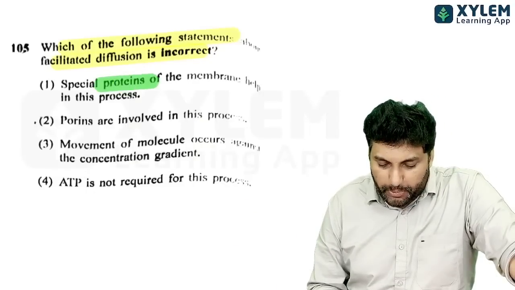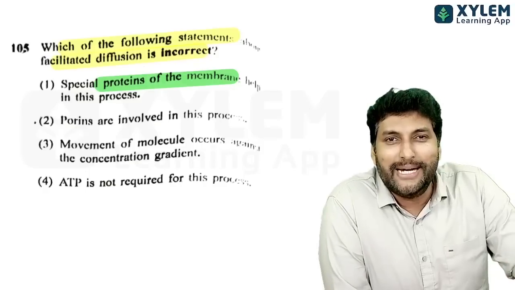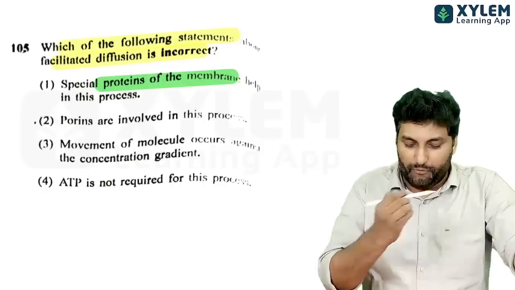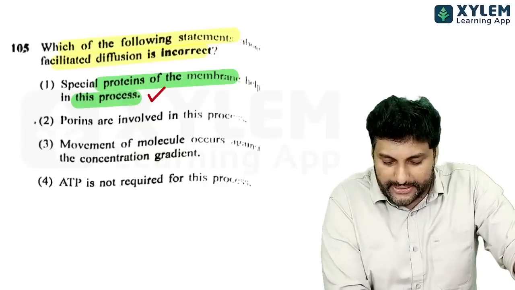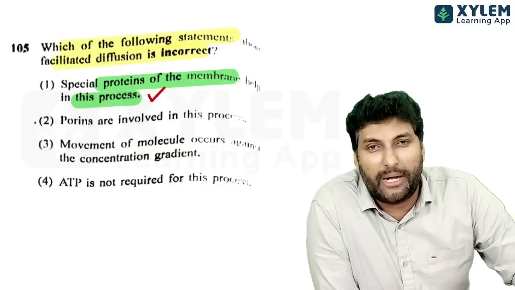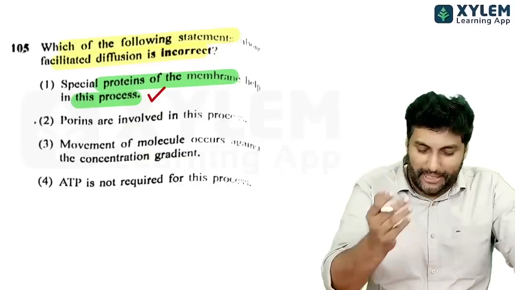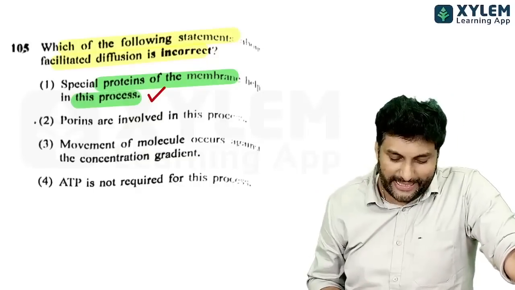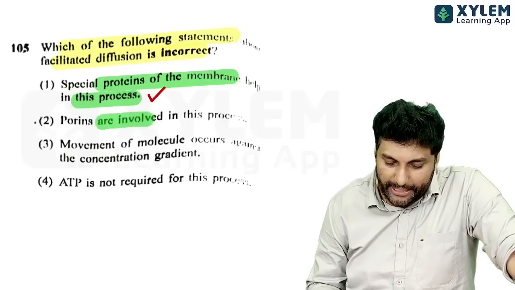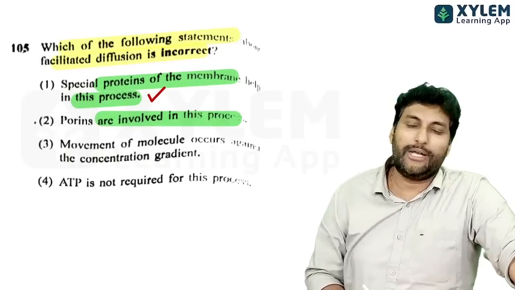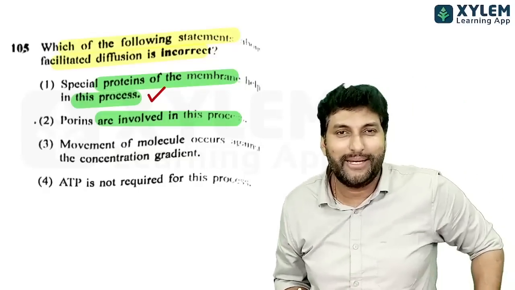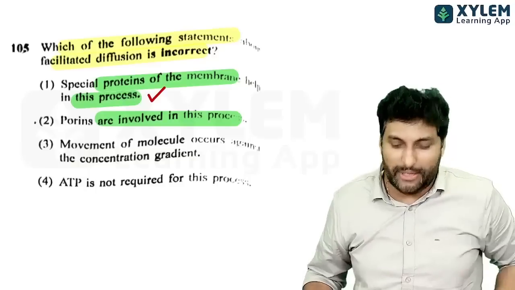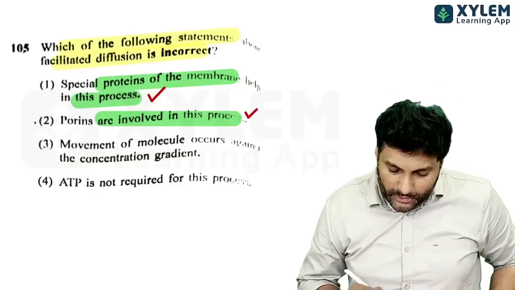First one, they're saying that special proteins are necessary which help the process of facilitated diffusion. Okay, you can see it's directly from the transport in plants, diffusion topic. Let's check the second one. Porins are involved in this process. You know that porins are special membranous proteins found in the membrane of prokaryotes as well as eukaryotes. So that is also a right one.